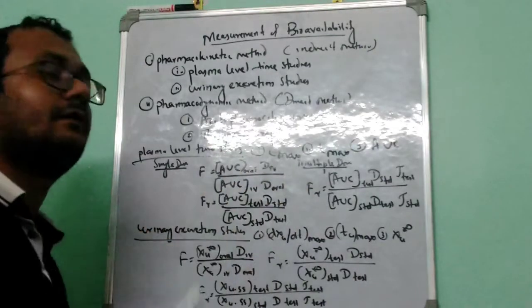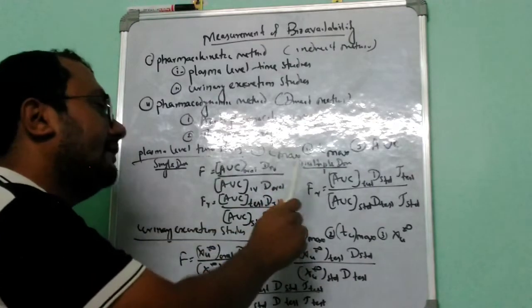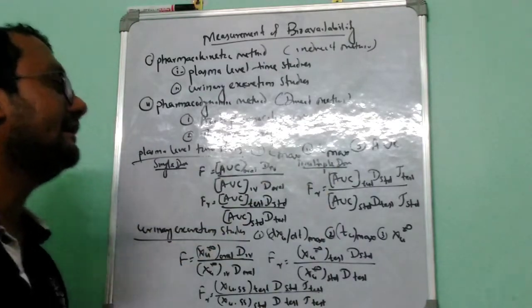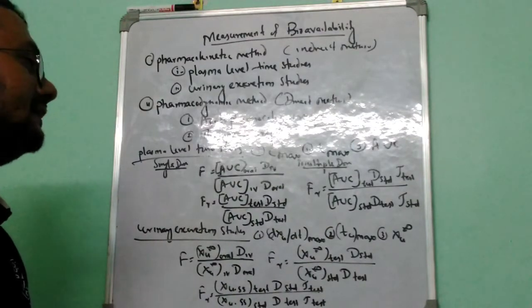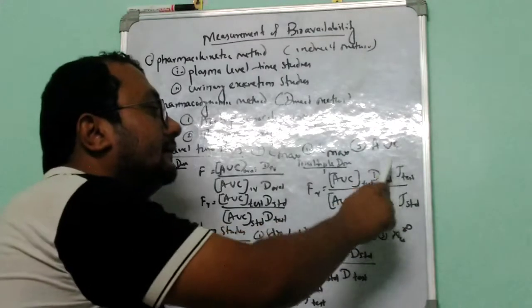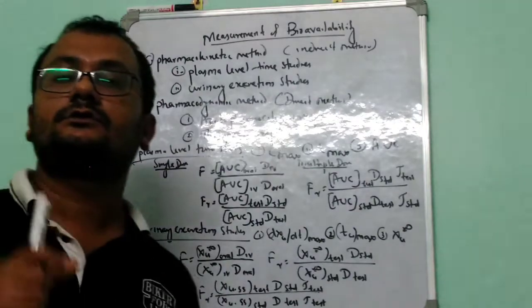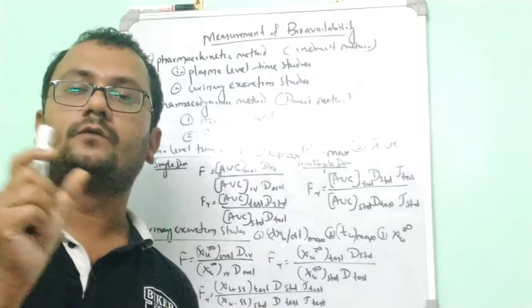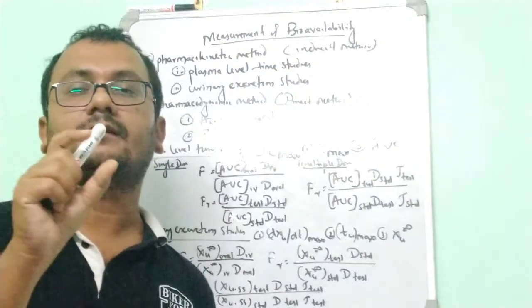Then if it is a multiple dose, what will happen? Relative bioavailability we can calculate as AUC test into dose standard into tau standard, divided by AUC standard into dose test into tau test. Tau means here your dosing interval. As you are taking multiple dose studies, we should know the interval of the dose, in which time interval we are giving the dose.